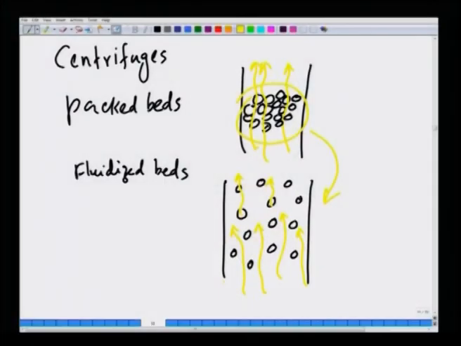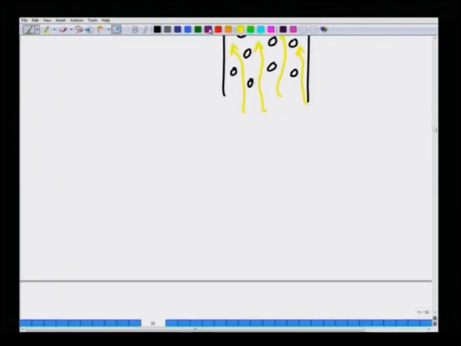And in order to design these operations well, in many chemical engineering unit operations, you have to understand the fundamental mechanics of flow of particulates through a liquid. One of the simplest problems that we will first start with is the motion of a single particle in a fluid.